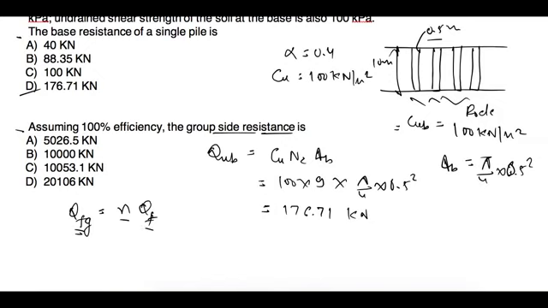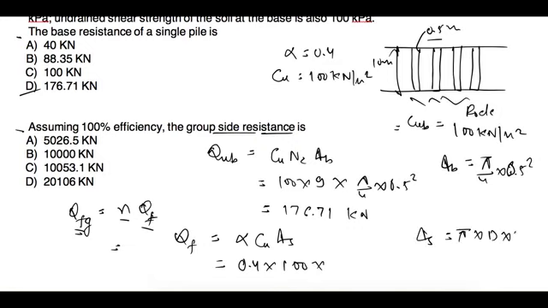So number of piles times the pile skin friction will give us the group side resistance. So skin friction for a single pile is given as alpha Cu As. So again everything is given. Alpha is 0.4, Cu is 100, and surface area is equal to pi into d into L, that is equal to pi into d is 0.5 into L is 10.